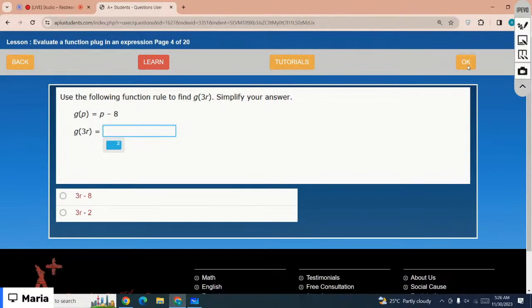Use the following function rule to find g of 3r. Simplify your answer. You have to replace the p with 3r, right? So just evaluate on your notebook and write the answer in the chat box.